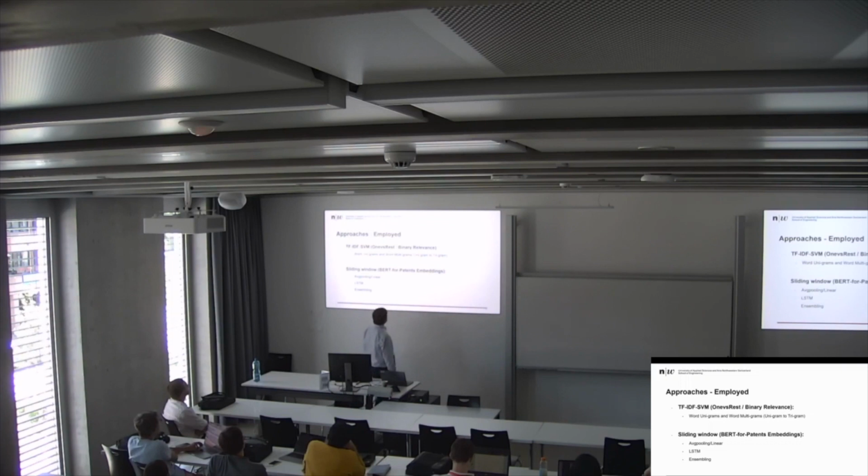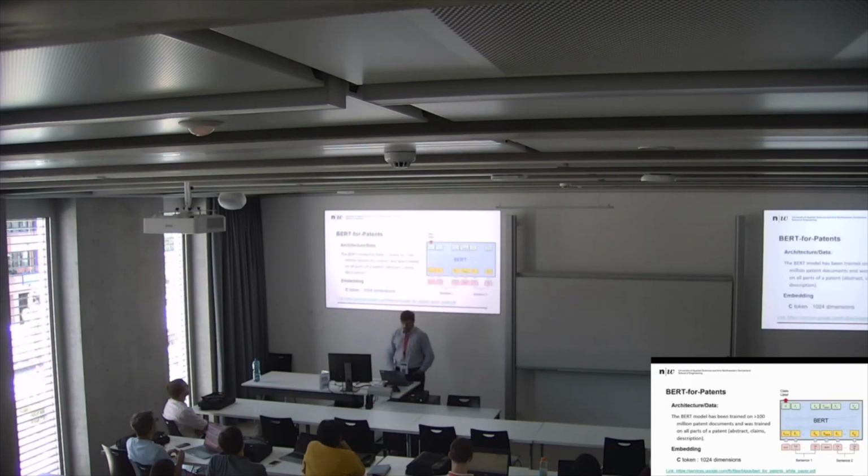We use TF-IDF with a support vector machine on top of that, and we use sliding window with average pooling, LSTM, and ensembling. So how does the sliding window work using BERT? You take just the tokens, put them in BERT, and get a class label embedding.